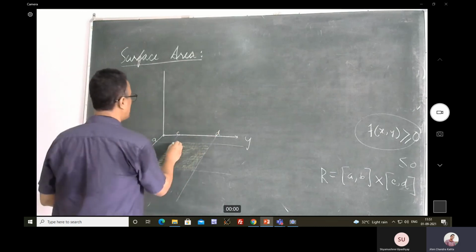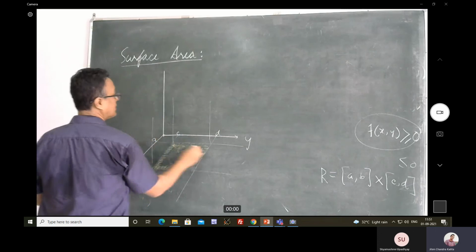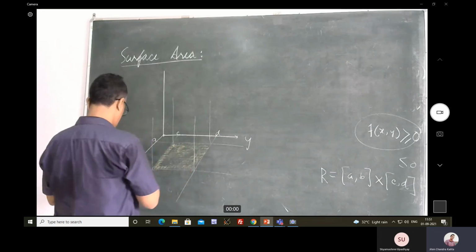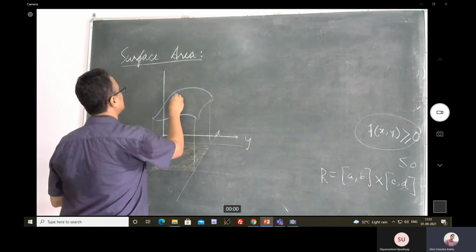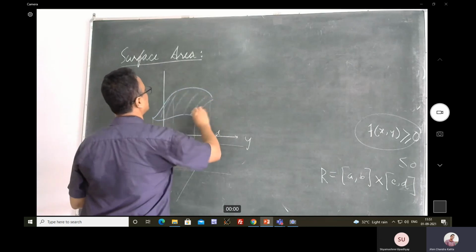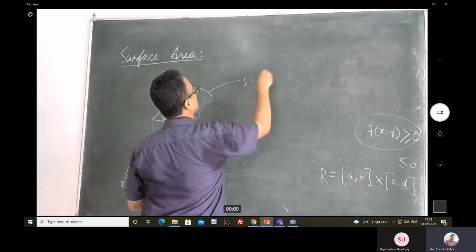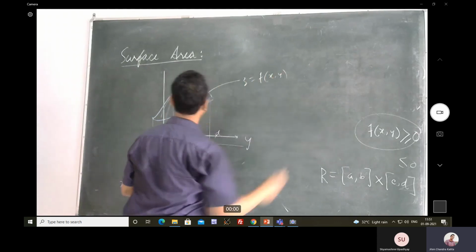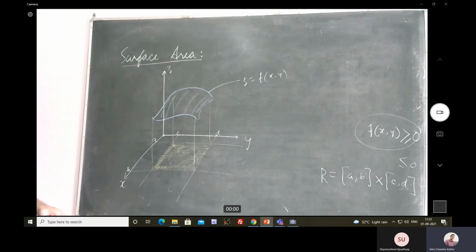Okay. And I am considering the graph of a function, which is say something like this. So this is z equal to f of xy, and as before, as I have told you, for simplicity, we are assuming that f of xy is greater than or equal to 0.